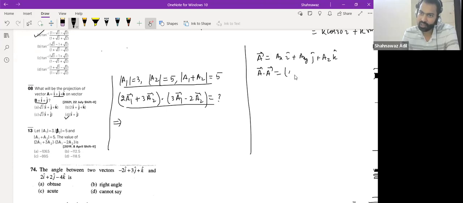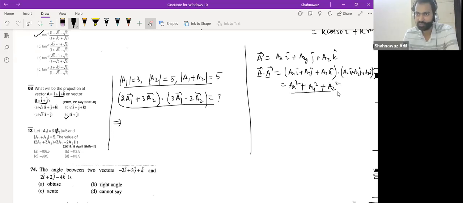I will get AXi plus AYj plus AZk dot AXi, AYj and AZk. Right. So if I take the dot product with the same vector, you see that i dot i will survive. So this would be AX square, AY square and AZ square. This is how much, guys? AX square plus AY square plus AZ square.